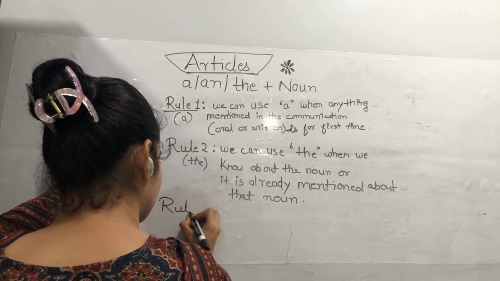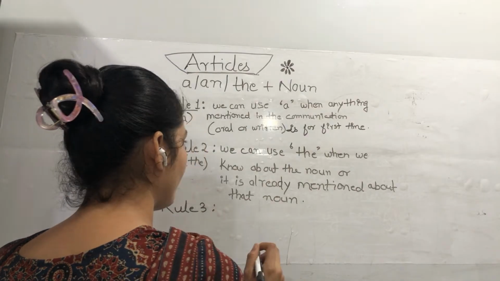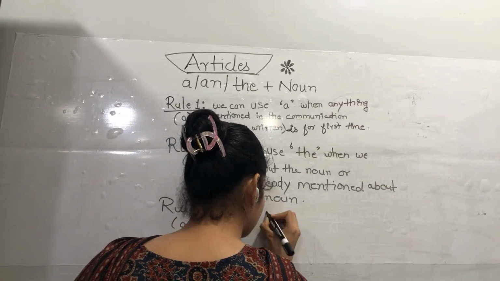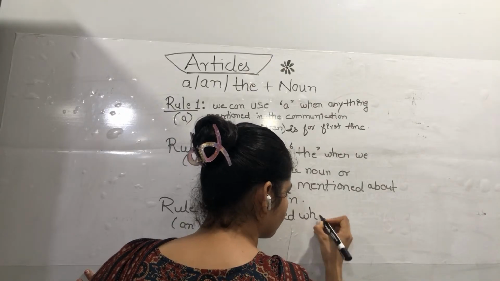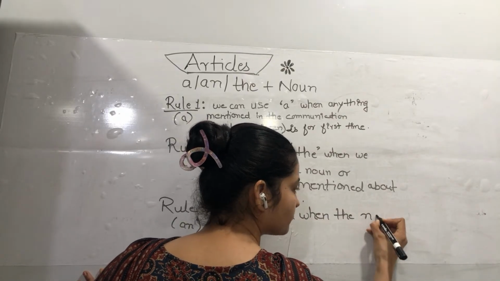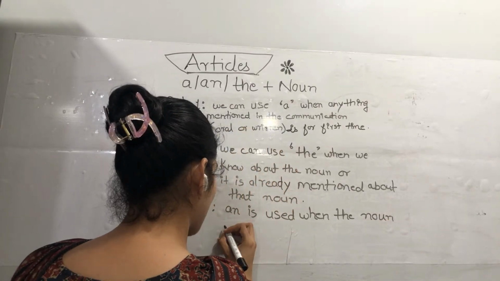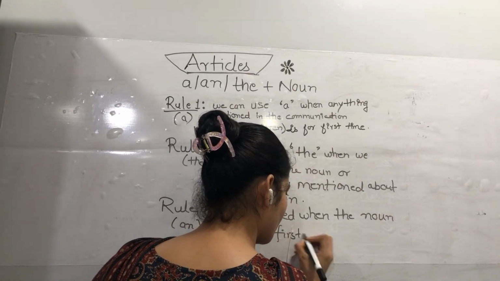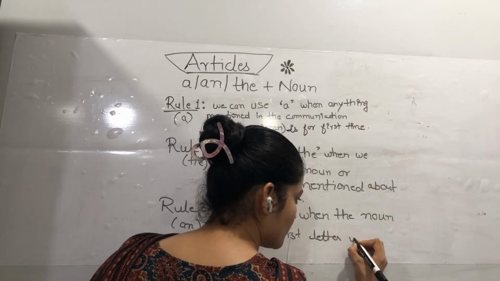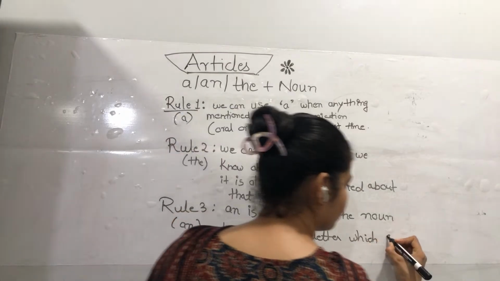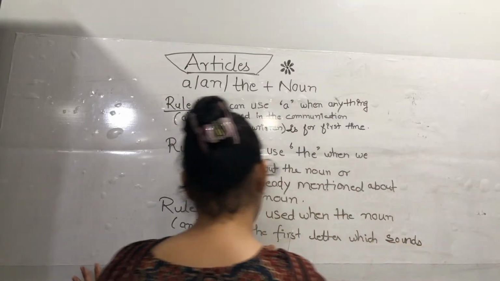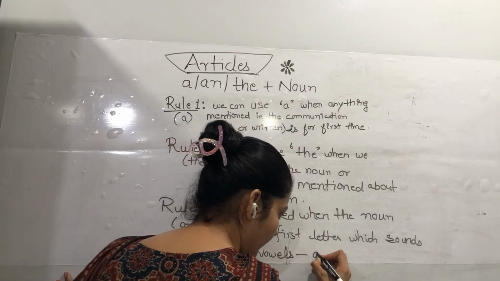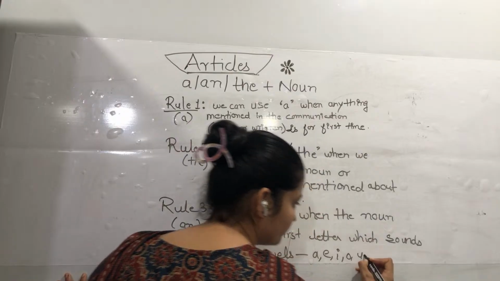Third rule, a and the, but an. An is used when the noun has a first letter which sounds like a vowel: A, E, I, O, U. Done?